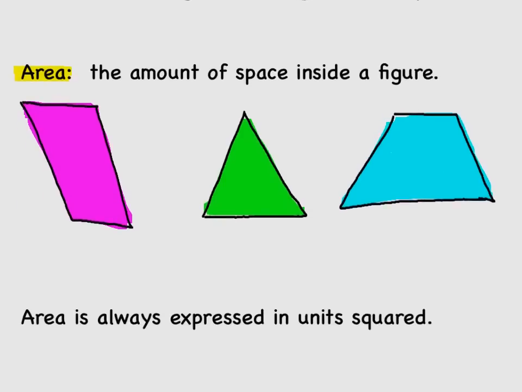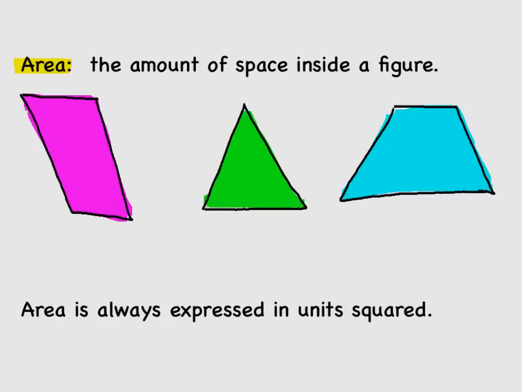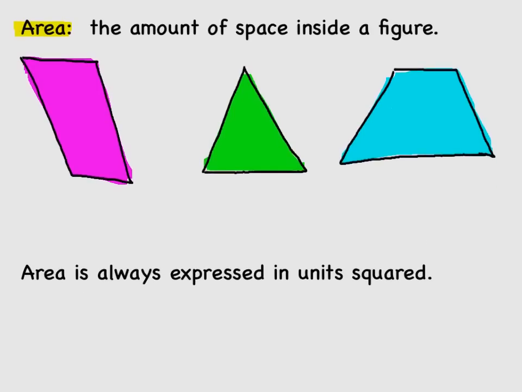All right, here's a very important note that you need to have. Area is always expressed in units squared. In each formula for area of a parallelogram, a triangle, a trapezoid, you will be multiplying a unit times a unit. So for example, if I'm multiplying 3 inches times 4 inches, 3 times 4 is 12.